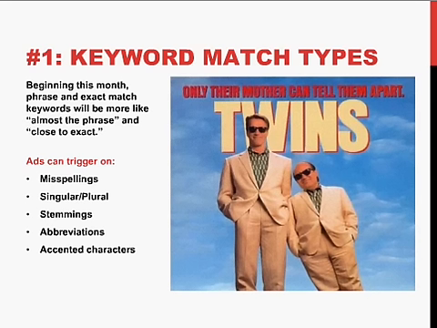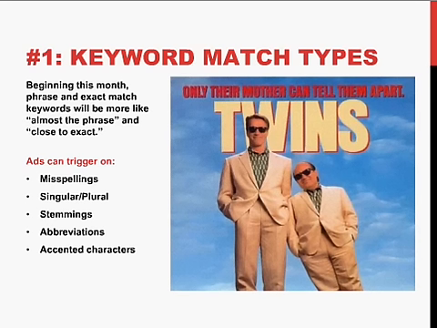Okay, so let's talk about some other things that might be of concern. So the next obvious question is, well, how is this going to impact quality score? Because as you know, the closer the query matches the keyword in the account in general, the better quality score you're going to get. So AdWords is still only going to use the exact keyword, not these close variants, to determine your quality score and your first page bid estimate.